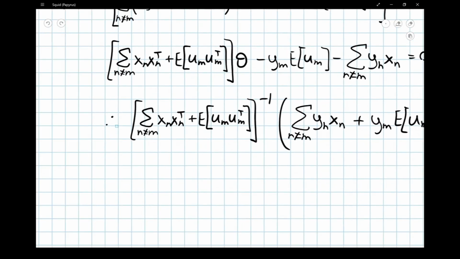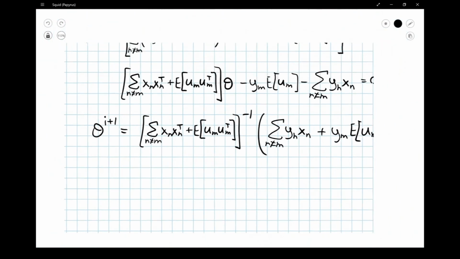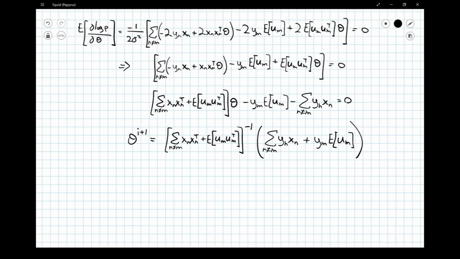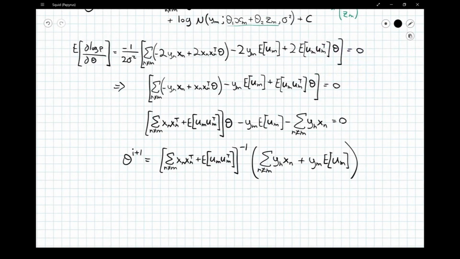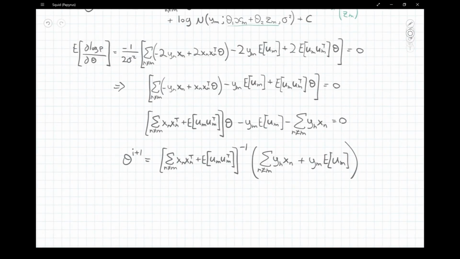And what I should have written here, of course, is that that's what our theta is now. So our next best guess at theta, our theta i plus 1, is equal to all of that stuff. Okay, and that is our M step.